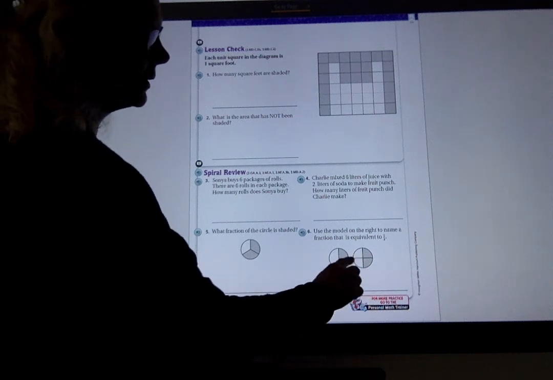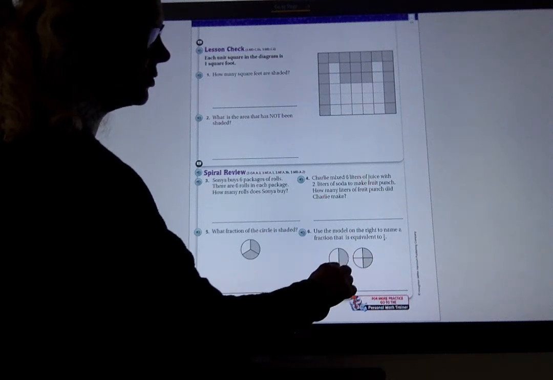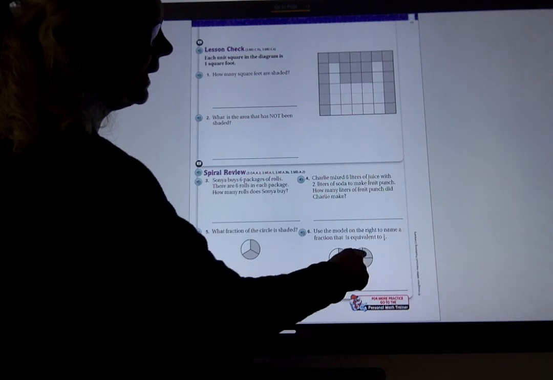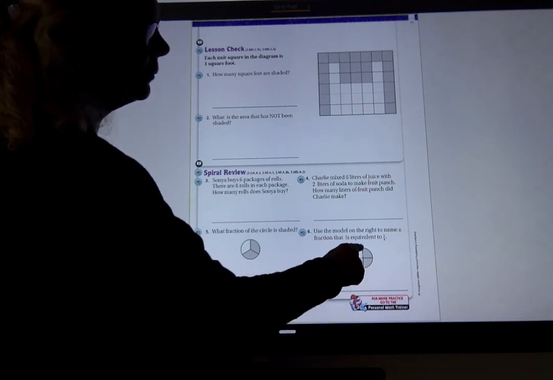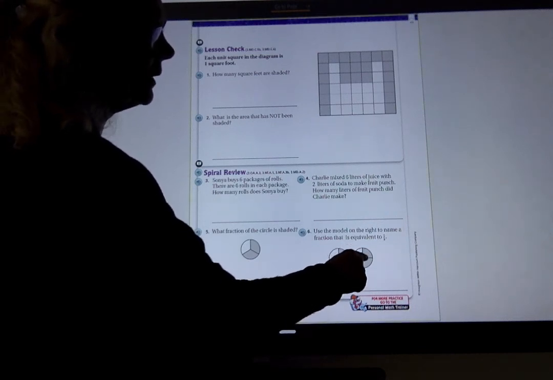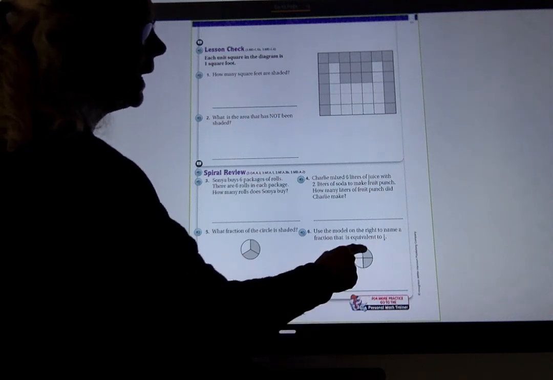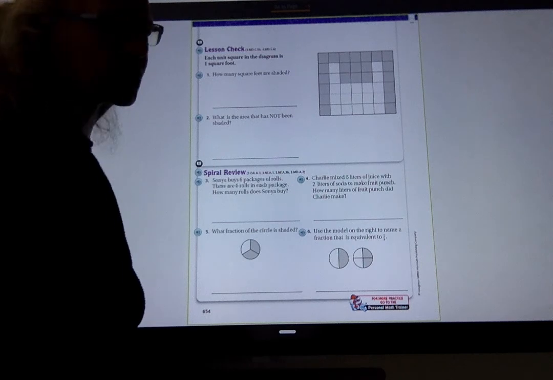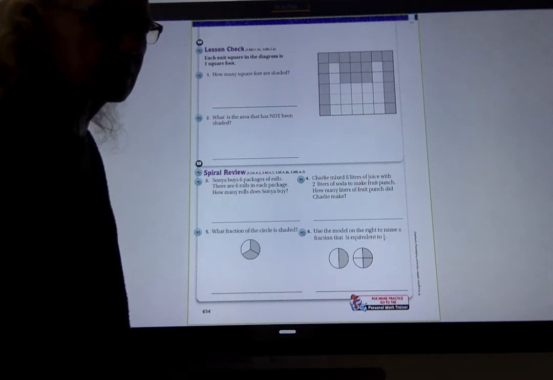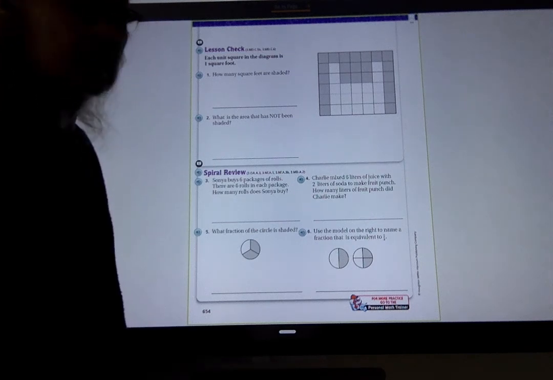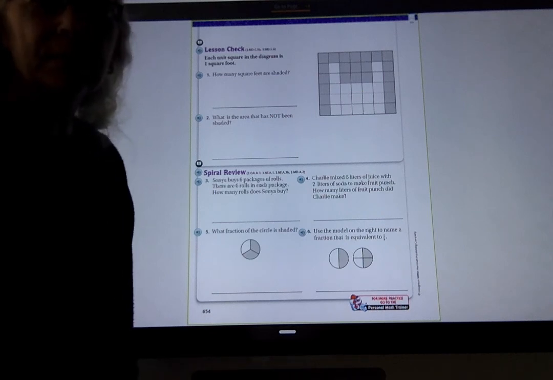This is to the right. Here's 1/2 of this is shaded. Well, it looks like half of this is shaded, but what's another name for that? How many equal pieces do we have for our denominator? How many of those equal pieces are shaded? That's our numerator. Okay, boys and girls, when you finish, please send me a picture of your work.